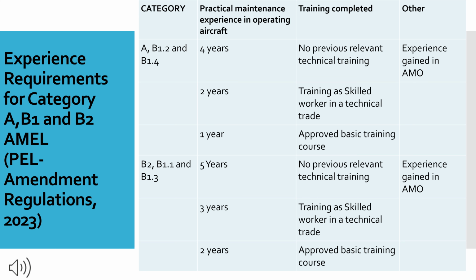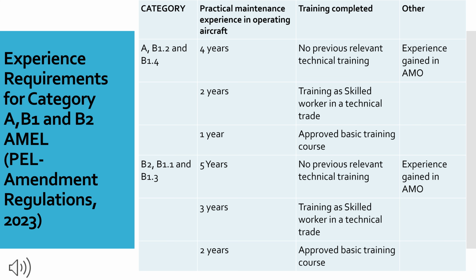A person can be granted Category A, B1.2 and B1.4 if he has gained practical experience in operating aircraft for 4 years in an AMO, or 2 years of practical maintenance experience in an operating aircraft after completing training as a skilled worker in a technical trade, or 1 year practical maintenance experience in an operating aircraft after completing the approved basic training course.